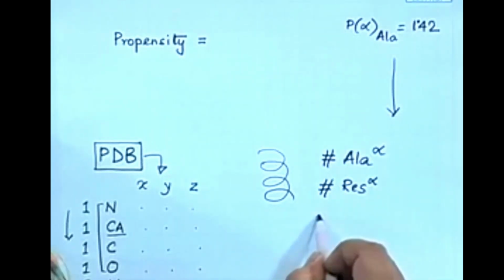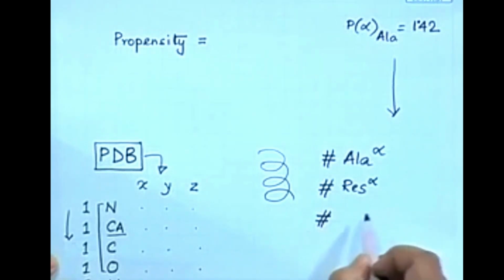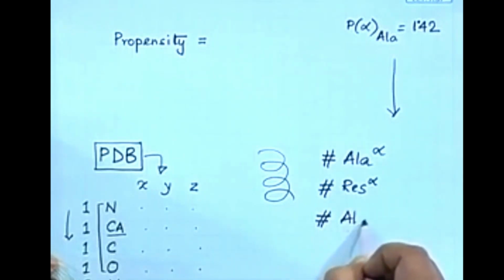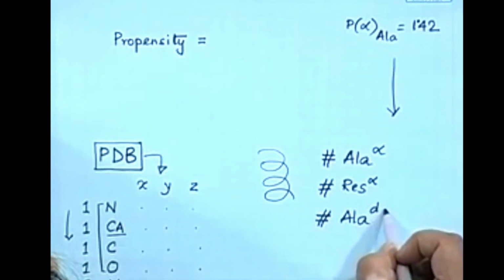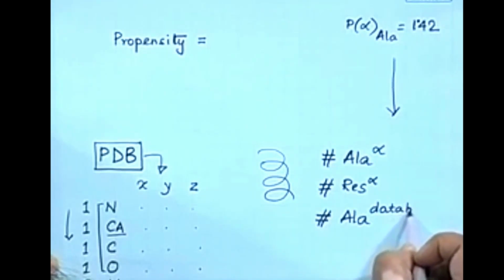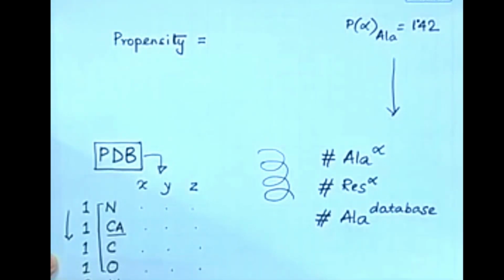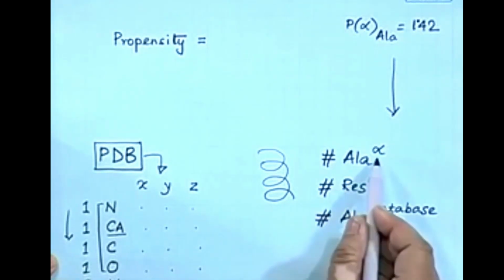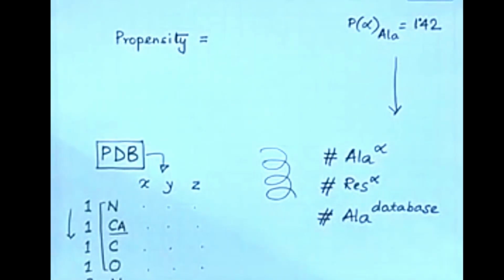Then you count the number of alanine in the database, including the ones in the alpha helix. So you calculate all the alanines that are there. You calculate the number of residues that are there in the database, whichever database you are using.